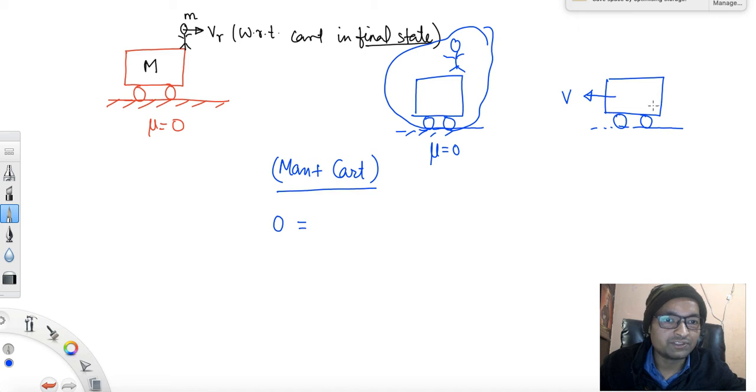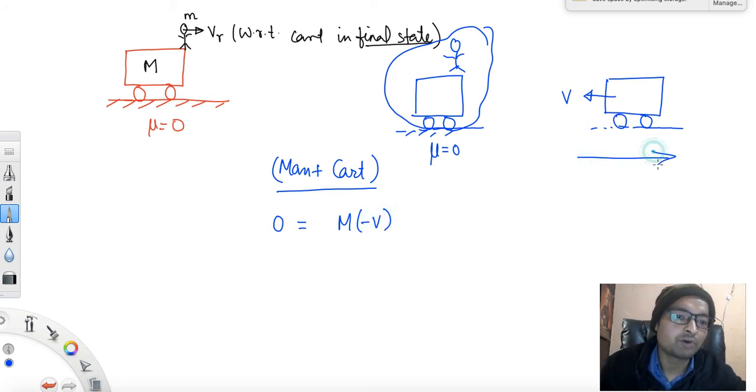So the momentum of this cart can be written as M into v, but v is negative in this case because our positive direction is towards the right. So this is the momentum of the cart.